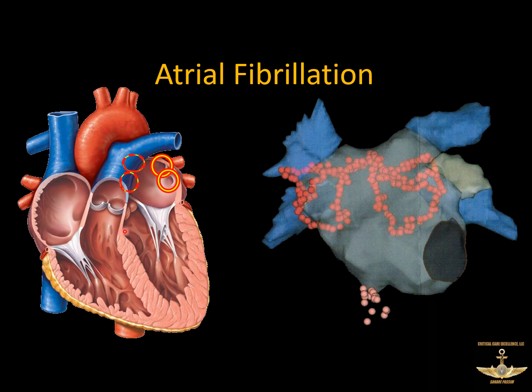Because if too many of those impulses get through, the ventricles start contracting really fast, and the faster they contract, the less time they have to fill. If they can't fill, they can't pump any blood, your stroke volume goes down, your cardiac output goes down, and those patients will decompensate rather quickly. That becomes a real issue with treating atrial fib.